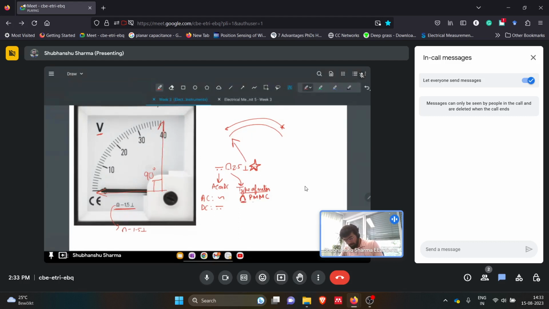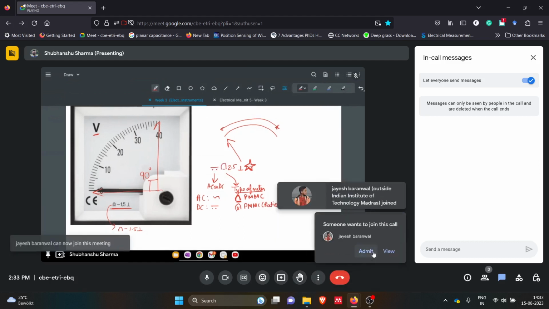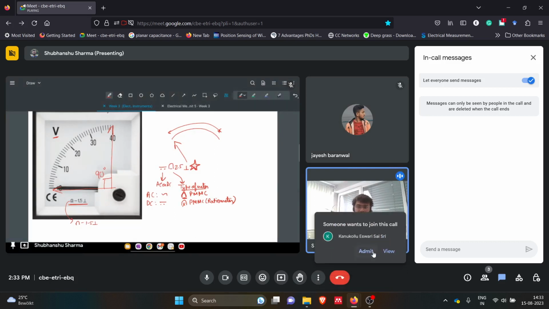Then we have something like this, which is a PMMC ratio meter. Basically this is kind of a fun fact.